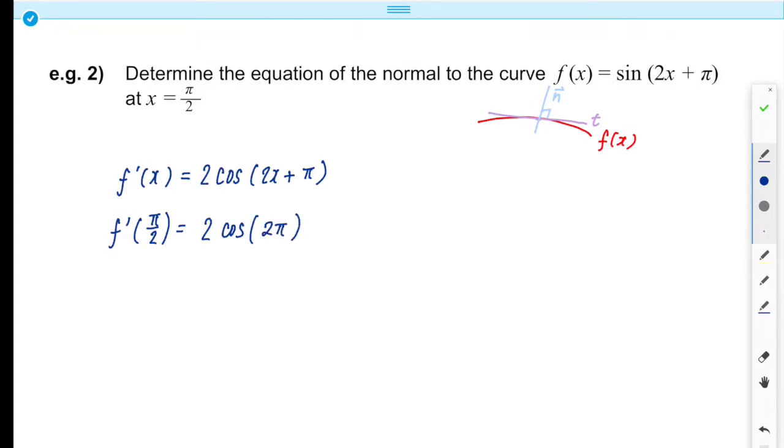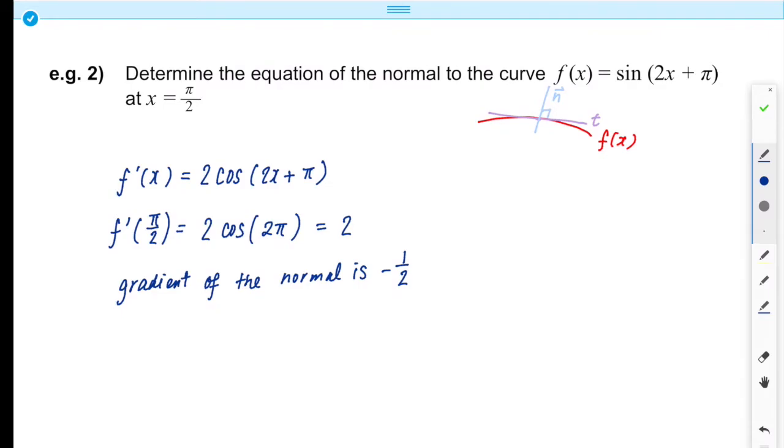That's 2 pi. We know that cosine 2 pi is 1, which means that this is equal to 2. In other words, the gradient of the normal is the negative reciprocal, negative 1 over 2.